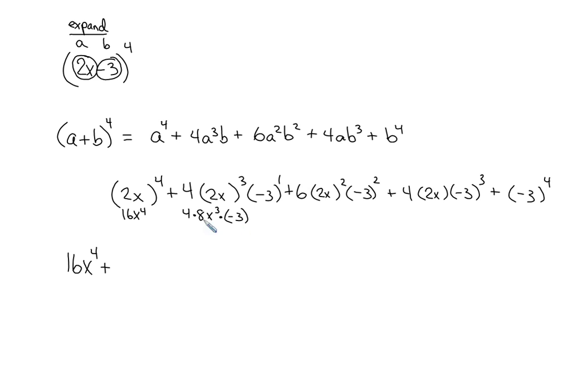Negative 3. I now need to put those together. Notice I have an x cubed. 4 times 8 is 32, times negative 3 is what? Negative 96. So that plus is going to now become minus 96. Does everybody see how I'm doing that? I'm simplifying it piece by piece up here, and then I put it all together down here. Do you see what happens if I leave these parentheses out?